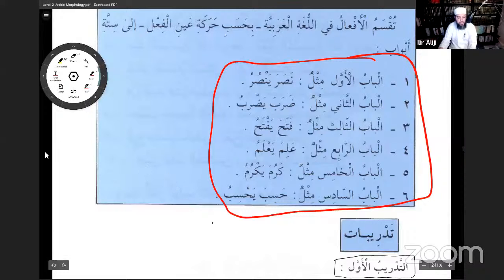The purpose is not that these words are set in stone, that they are the pillar of the bab itself. No, that's not the case. The case is that these abwab are mentioned so that when you find a fi'l that looks like it, it goes back to that wazn. Okay? And they are nasara, yansuru, daraba, yadribu, fataha, yaftahu, alima, ya'lamu, karuma, yakrumu, and hasiba, yahsibu, in one order or another. So those are those, inshallah.